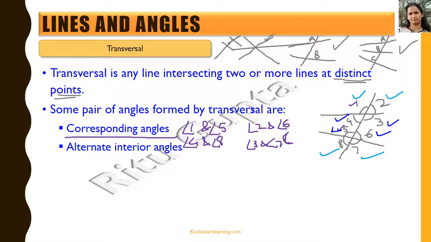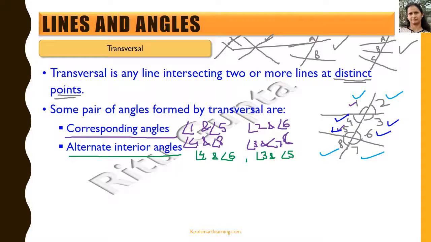For alternate interior angles, we are talking only about the interior angles 3, 4, 5 and 6. Angle 4 and angle 6 are one pair of alternate interior angles, and angle 3 and angle 5 are the second pair.